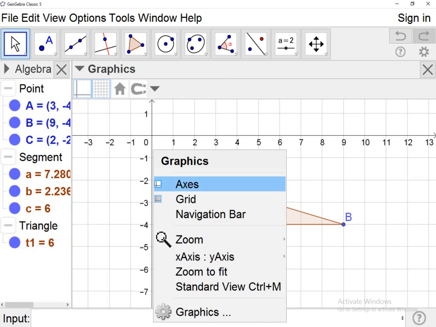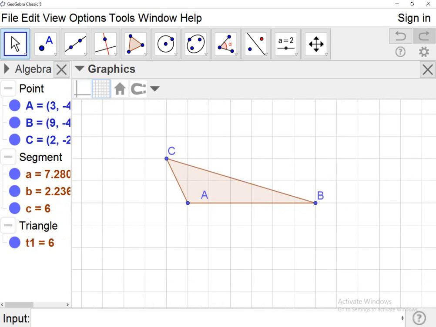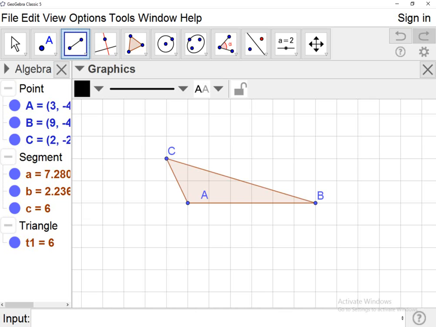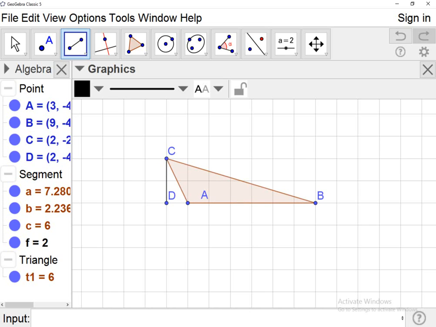Because if you start at C and you want to go perpendicular to the opposite side, if I just leave it as being able to go to the opposite side, my altitude would have to be one of these black segments, right? Are any of those black segments going to be perpendicular to the segment between A and B? No. The only way they're going to be perpendicular is if I put down there, right?